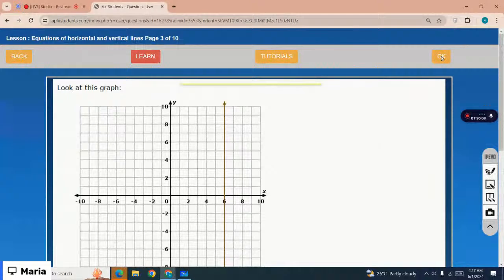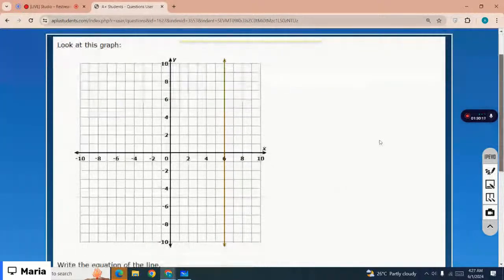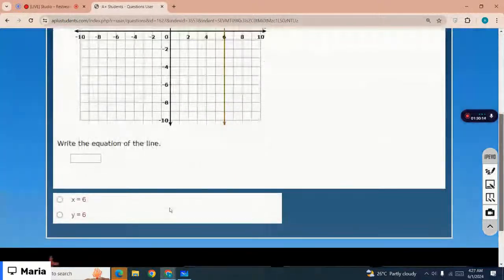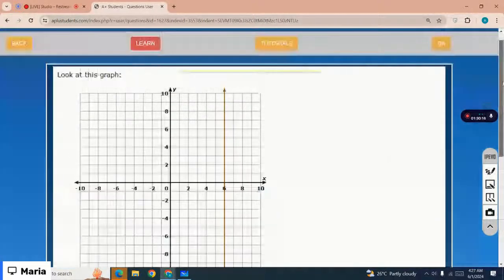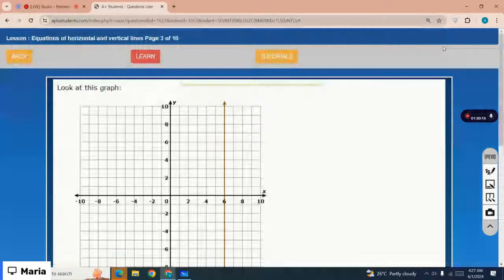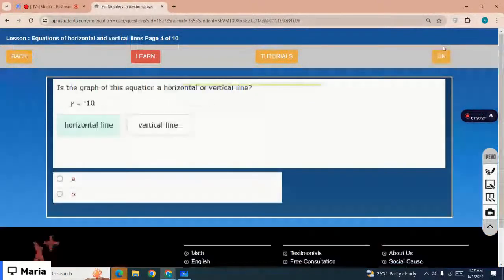The correct option is x equals 6, because that is the vertical graph. So the correct option is x equals 6. Is the graph of the equation a horizontal or vertical line?